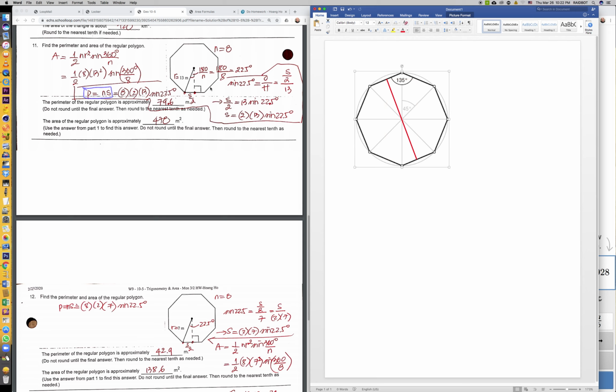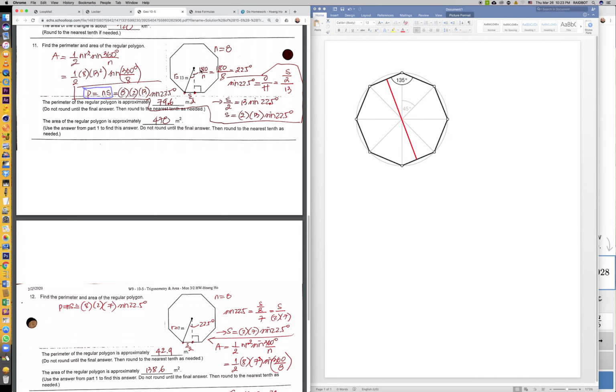But the angle created by the radius and one apothem is only half of the angle of 45 degrees. It's right here. So you divide by 2, so you got 22.5.